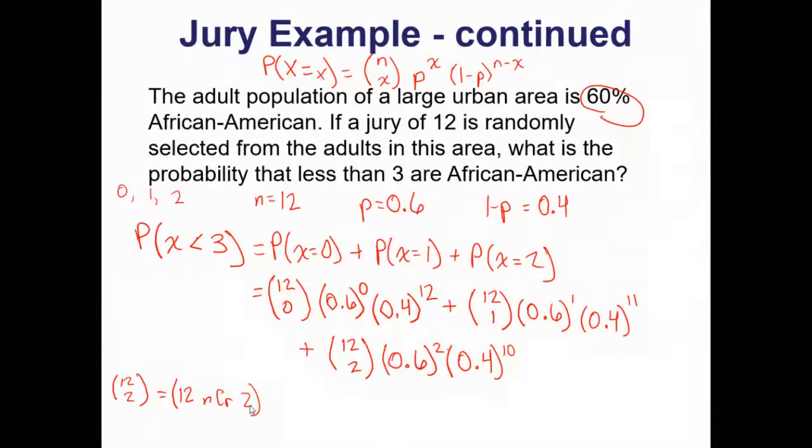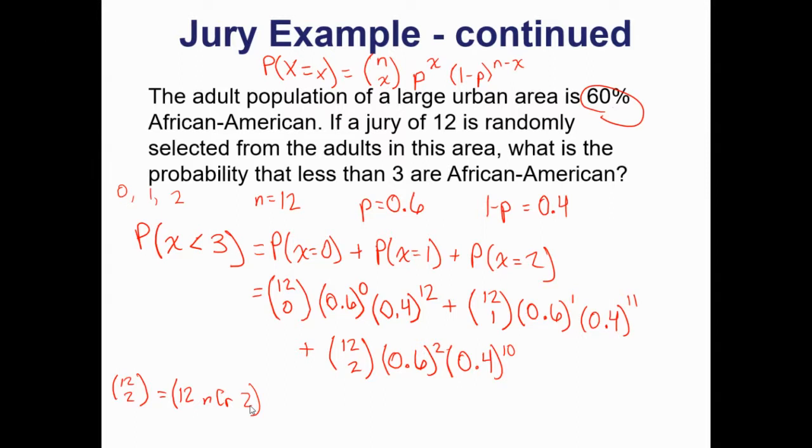How do you do the nCr again? On the calculator, you have to type in the 12, for instance, and then you go to math, then probability, and then you should see it.